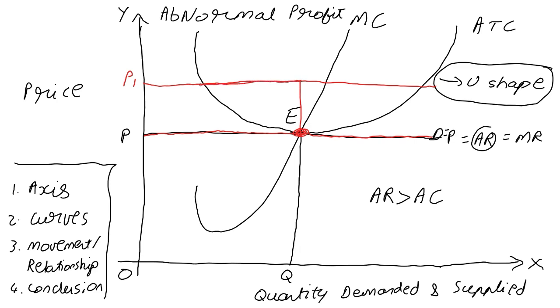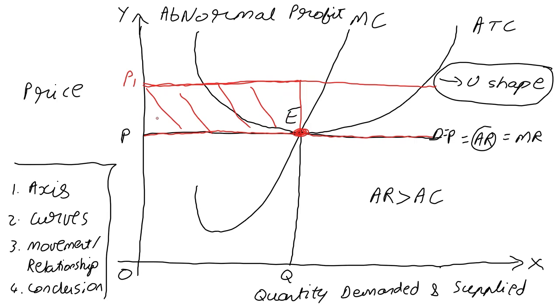You go to the left into the y-axis, and this entire area that you see is going to be abnormal profit. So what situation do we have where AR is more than AC? That can happen if the price goes up.